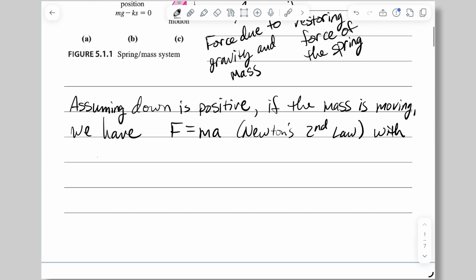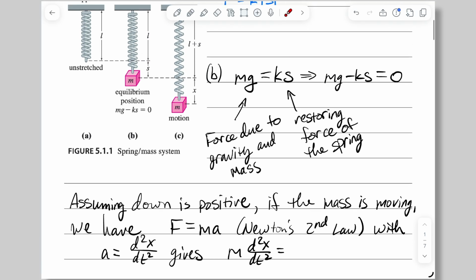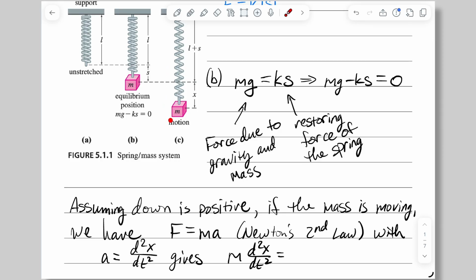So our acceleration, a, is going to be d2x/dt2. So for F equals ma, we have m d2x/dt2, and that's going to be one side of the force picture here. The other side of the force picture is everything that's happening with the motion.